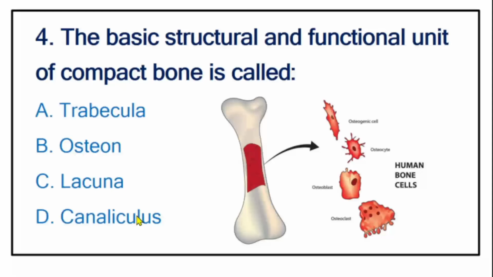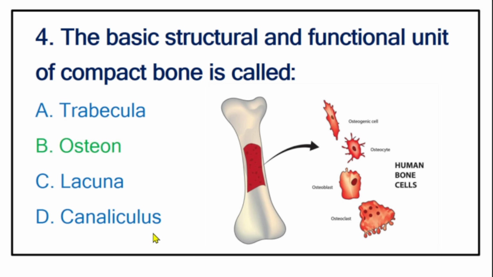Fourth question, the basic structural and functional unit of compact bone is called. Bone is mainly divided into compact and cancellous. The outer part is known as compact bone and the inner soft part is known as cancellous bone. Options: trabecula, osteon, lacuna, canaliculus.